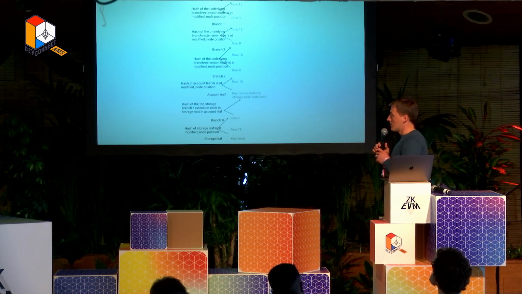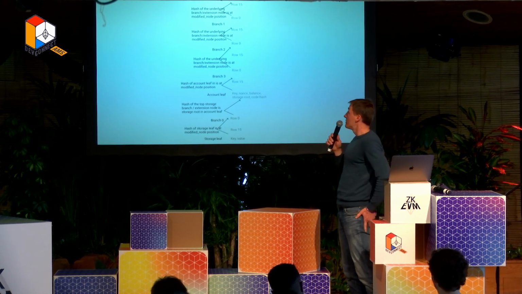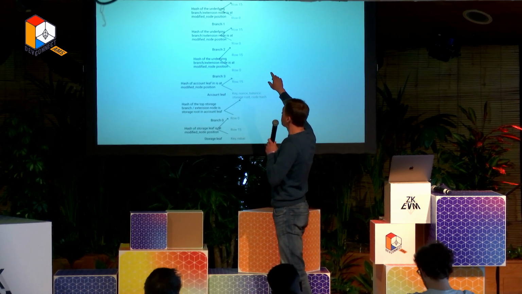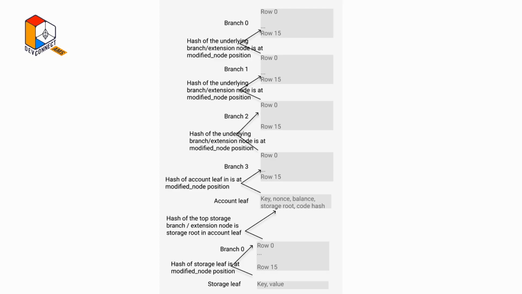So the general idea of the circuit is we put each branch into 16 rows, and then the hash of these 16 rows is computed. It should be a bit colored, but it's not.